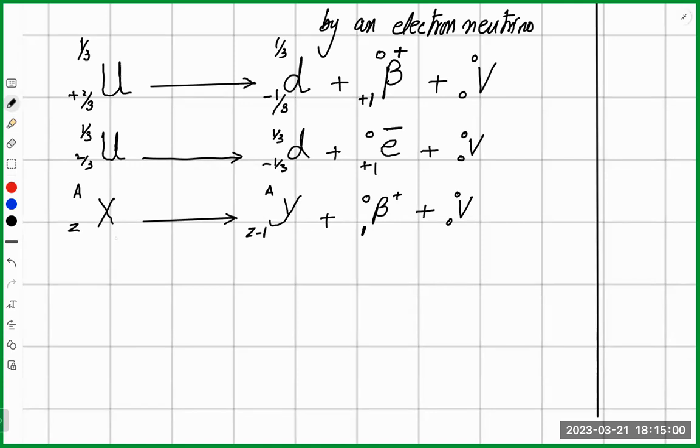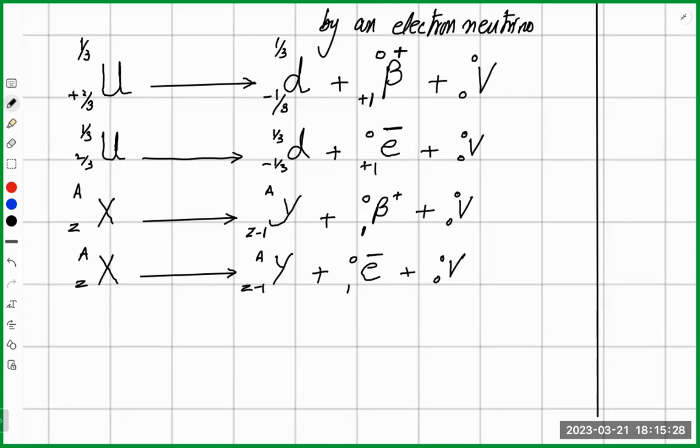Similarly, I can write it like this: X with A, Z converts into Y with A, Z minus 1, plus anti-electron, plus neutrino. Okay. This is also another way of writing the same thing, because I hope you understand that beta plus and positron are the same thing.